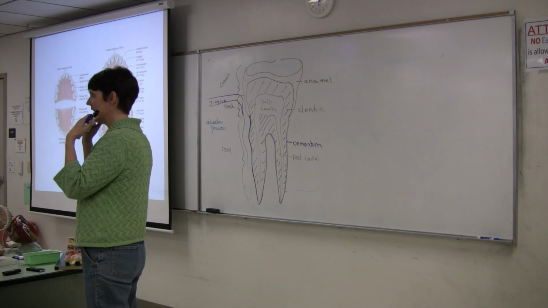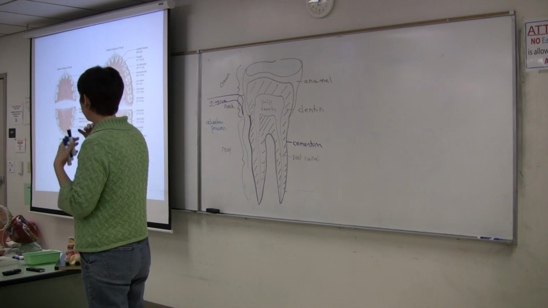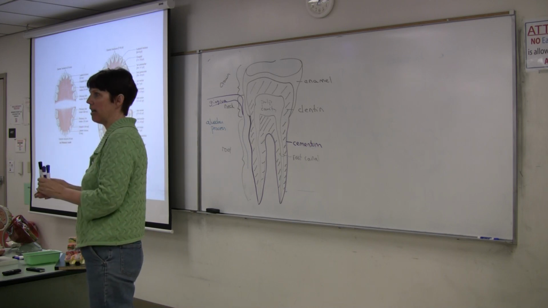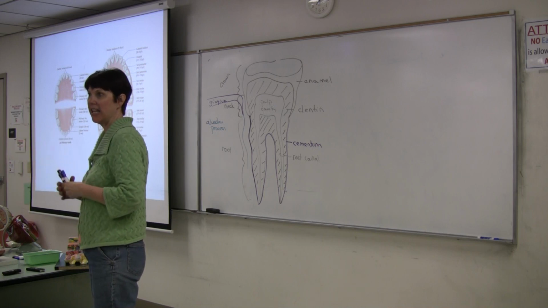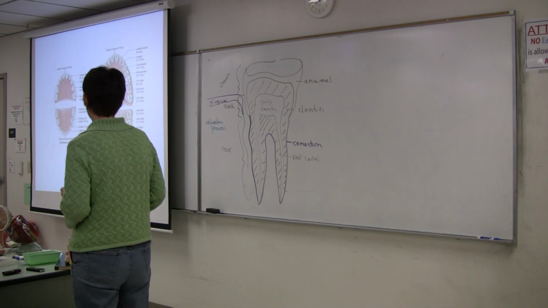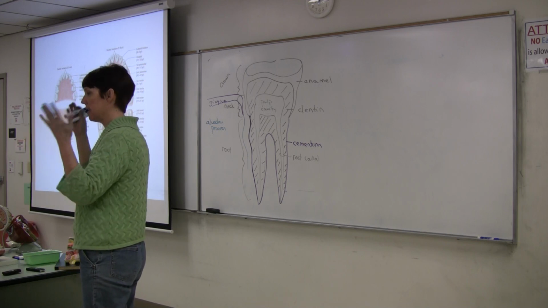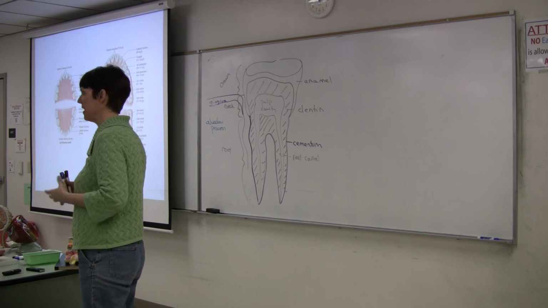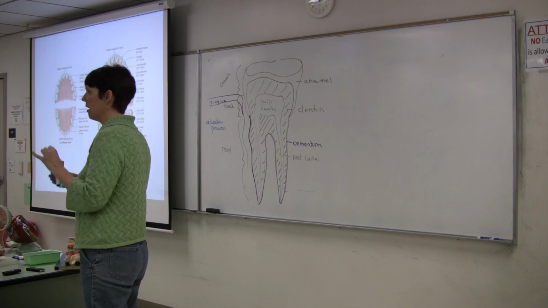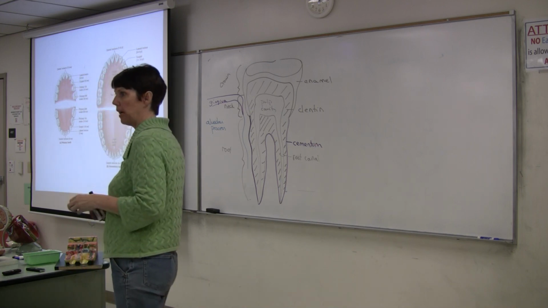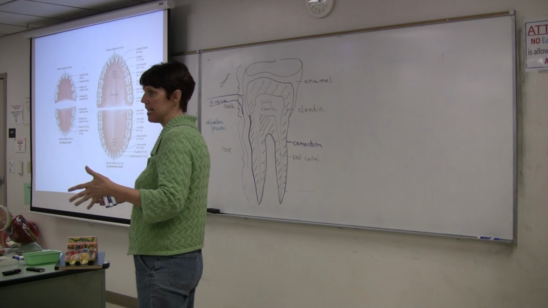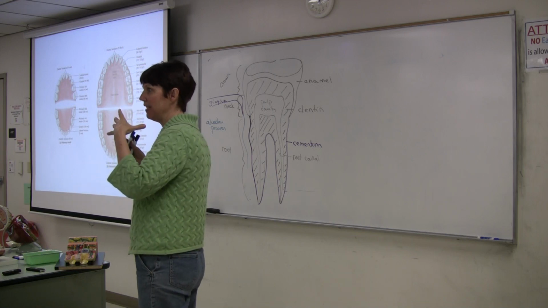You can have these inside the bone, and as they develop, they push the primary teeth out, so we have the same teeth in adult dentition, secondary dentition, as we do in primary. Plus, on each side of the mouth, top and bottom, we have 3 additional teeth. So child dentition, or deciduous dentition, primary dentition, has a total of 20 teeth, 5 in each quadrant.